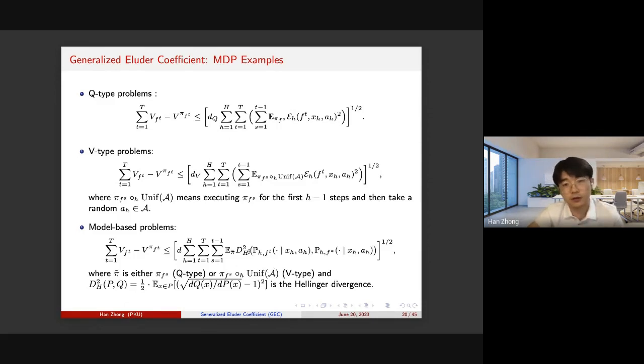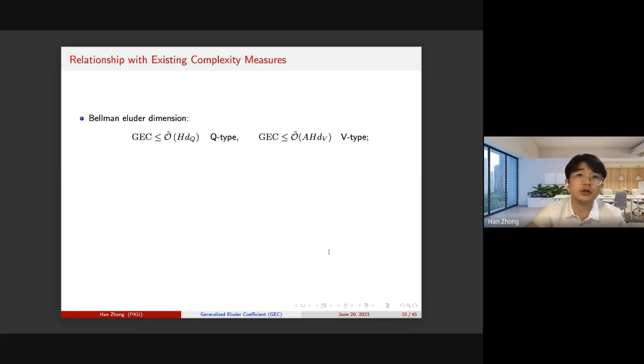Here, the discrepancy function is the Hellinger distance between the transition kernel of F_t and the true transition kernel. So with these flexible choices of exploration policies and discrepancy functions, we can show that our GEC can capture previous complexity measures.